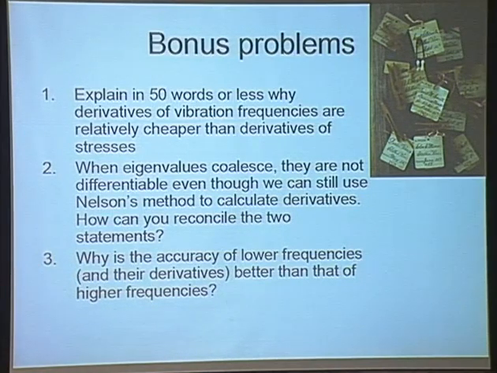That is, deterioration of the accuracy of the derivative is even more severe than the deterioration of the accuracy of the eigenvalues themselves. So does anybody know the answer to problem 3? Well, it's a bonus problem, so maybe you don't want to give the answer to everybody else, but this is it.